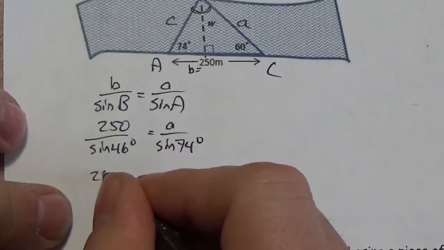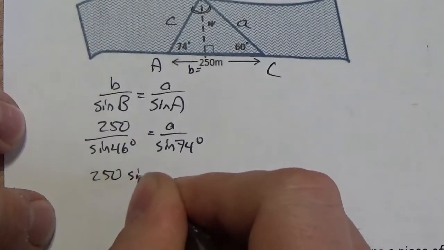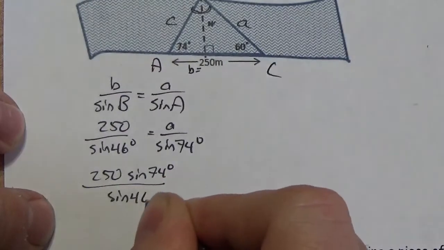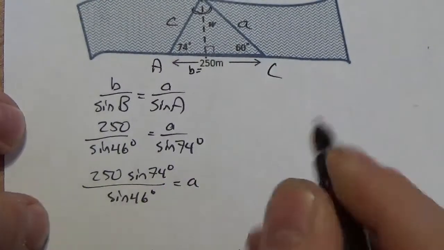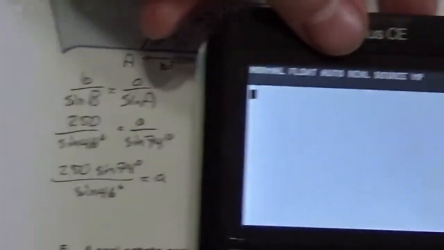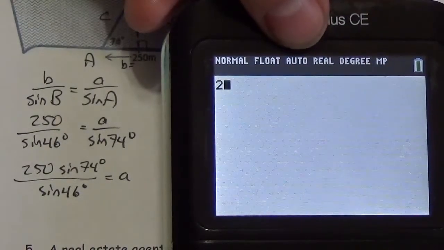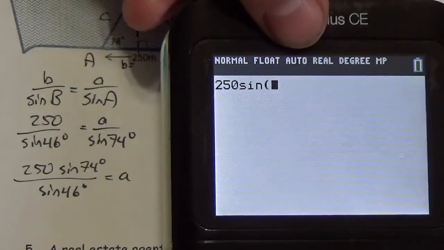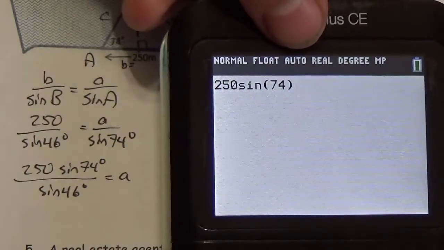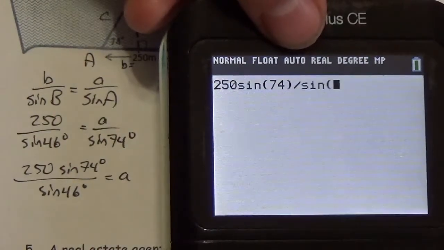When you're using the sine law to find a side, it's a little bit easier because there's one less step. I don't need to do the inverse trig of anything here. All I've got to do is pull up the calculator and enter 250 sine of 74, closing the brackets to make sure I'm done with the angle, divided by the sine of 46.